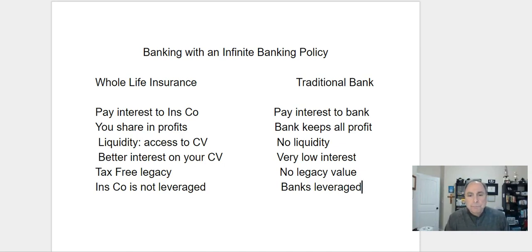Now, when you borrow money from an insurance policy, it's a lot more flexible, as you saw earlier, than with the bank, because the bank is going to want you to have a regular schedule of how you're going to pay that thing back. They'll tell you, this is the way you're going to do it. You're going to pay this certain amount of money every month for the next 2 years if you've taken out a 2-year CD.